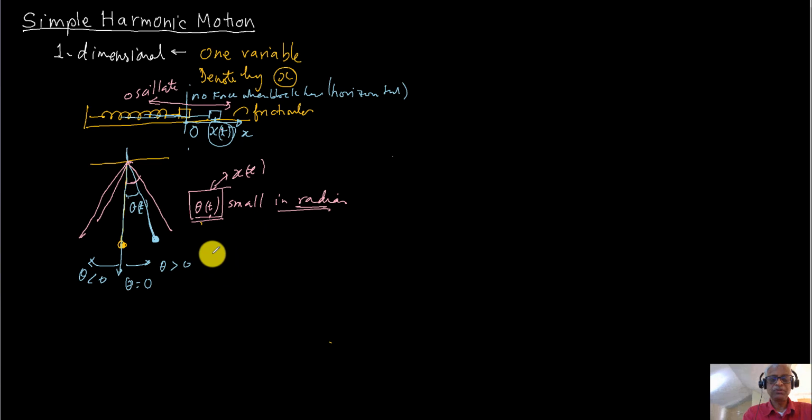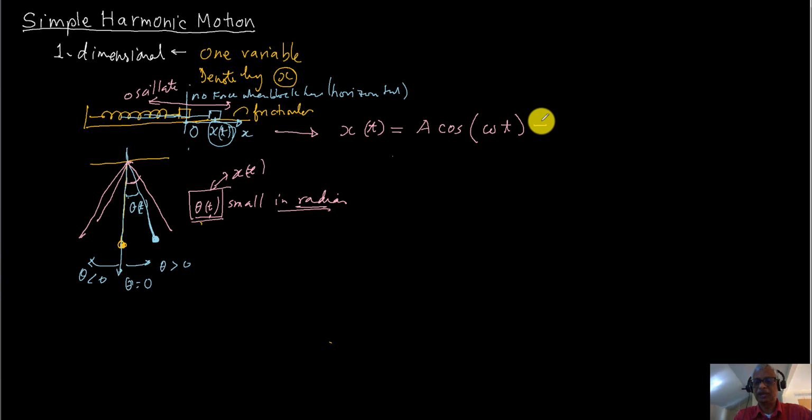So let me show what the simple harmonic motion will be. In this case, with time, the value of x of t can be described as a combination of sine and cosine: a cosine of omega t and a sine of omega t, where A and B depend on how I started it.